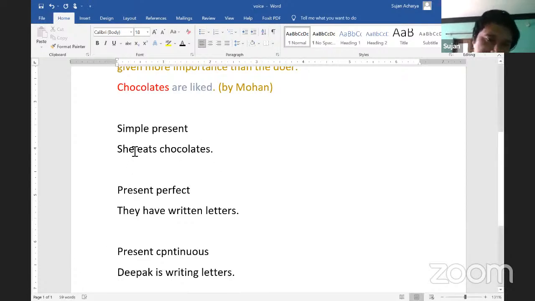Let's begin with sentences in simple present tense. Passive of sentences in simple present tense. See, subject, eats, verb, chocolates, object.